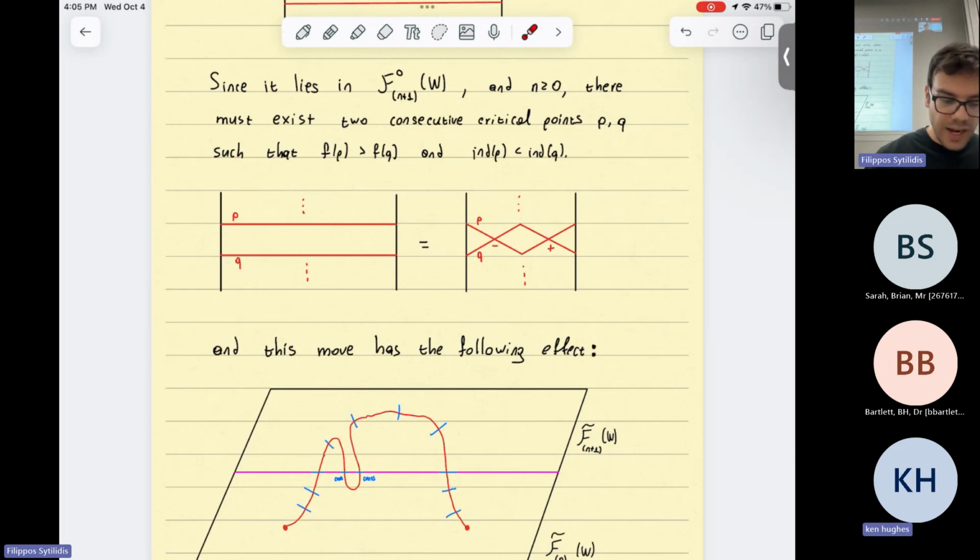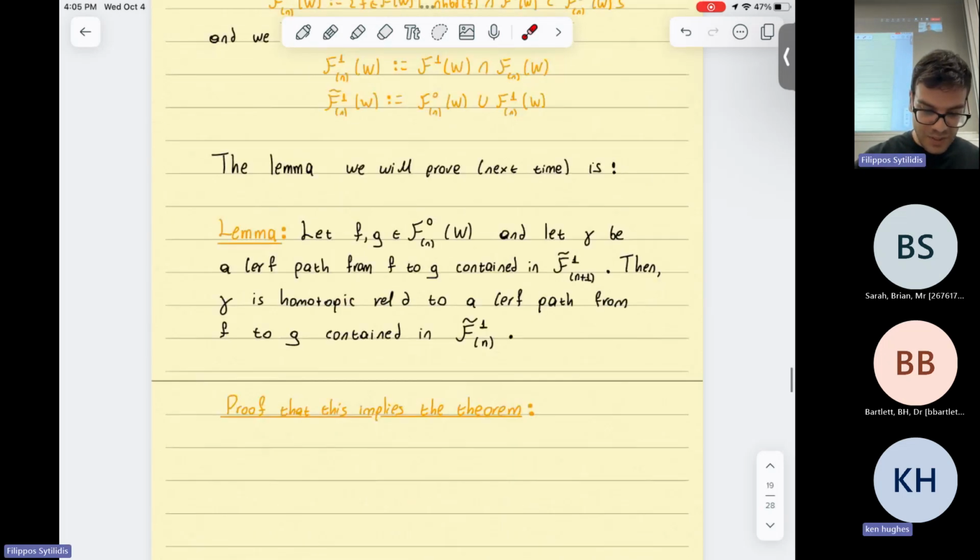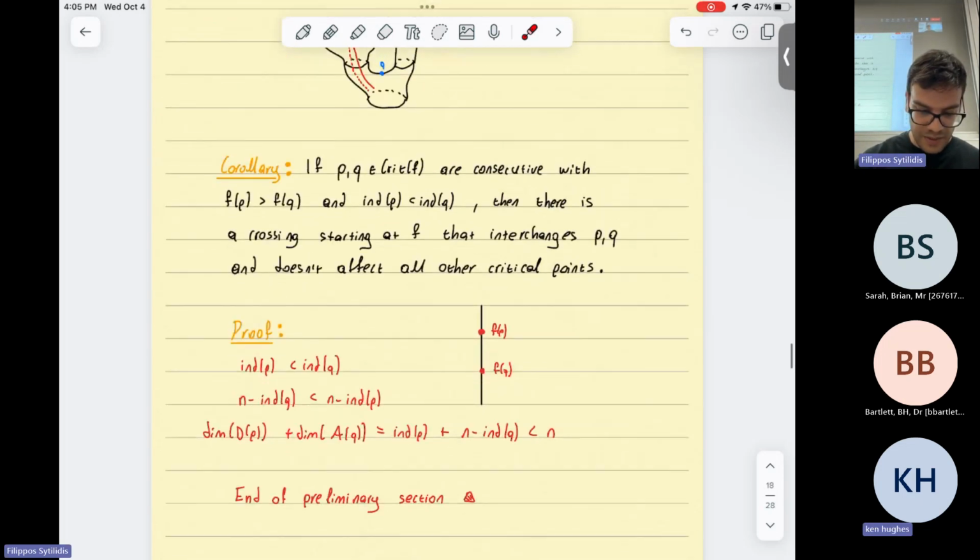So what's happening here? I have the critical point P and I have the critical point Q with f of P greater than f of Q, and the index of P is less than the index of Q. So I'm in this situation. Remember this small technical preliminary thing that I told you.